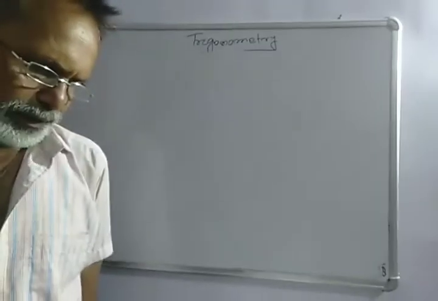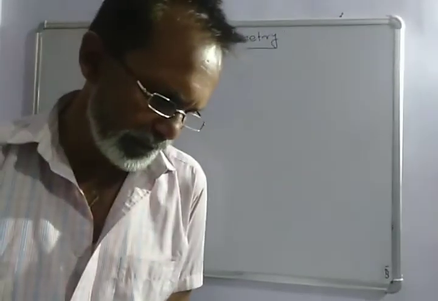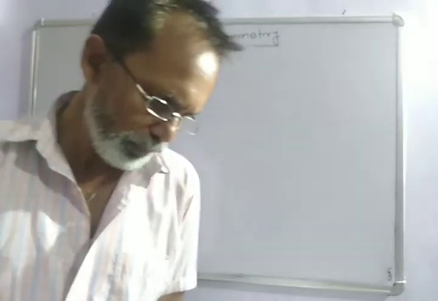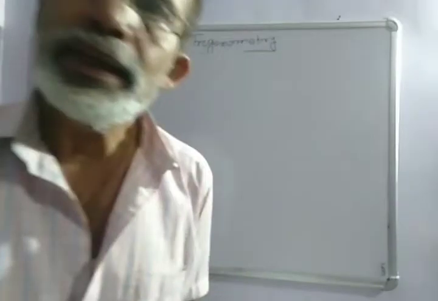The fourth point, if one of the trigonometric ratios of an acute angle is known, then the remaining trigonometric ratios of the angle can be determined easily.